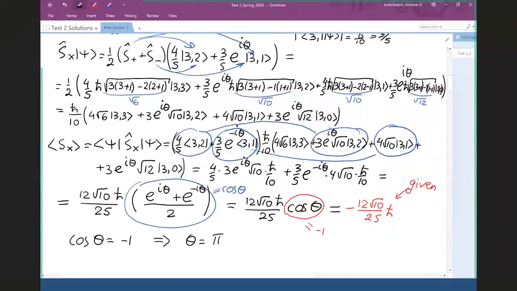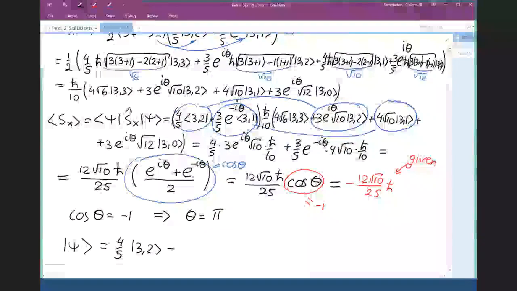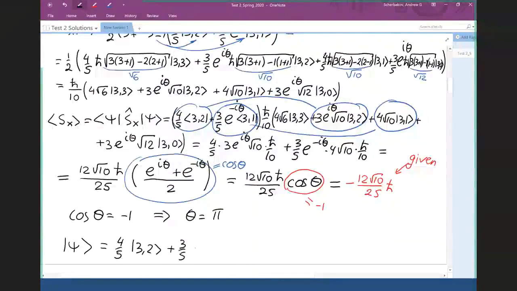I'm ready to write down the answer, which means the state psi is 4 over 5 |3/2> plus 3 over 5 e to the i pi |3/1>.